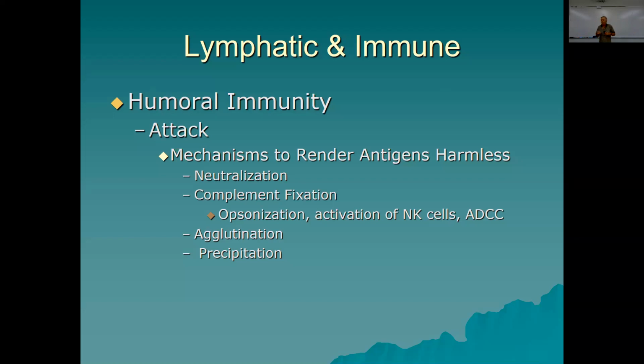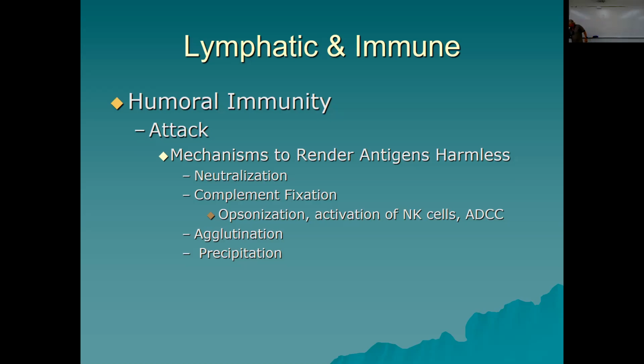And when that happens, it's also part of neutralization. If viruses are agglutinated or they precipitate, they can't bind to the cells that they have receptors for. So this is how antibodies work.